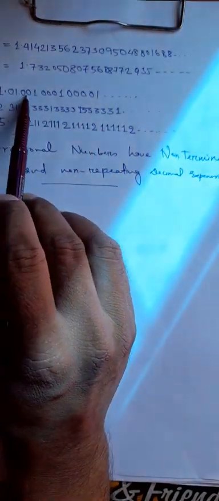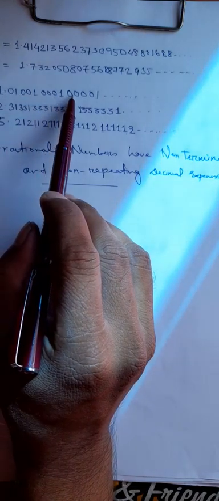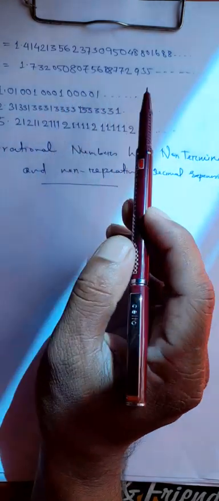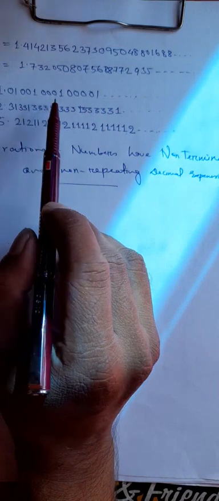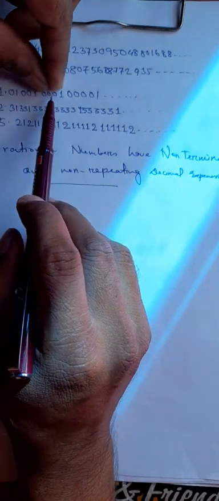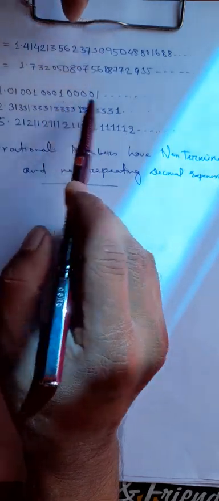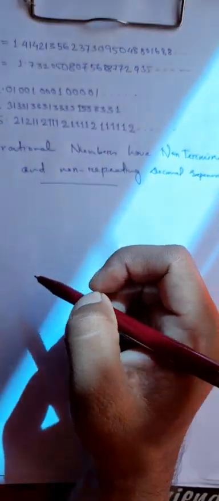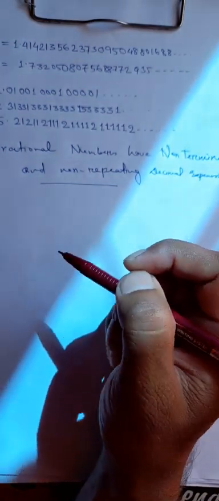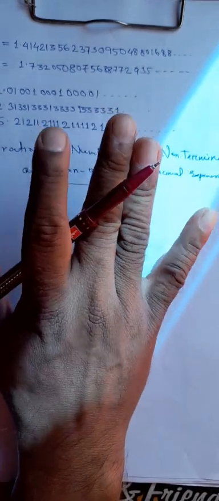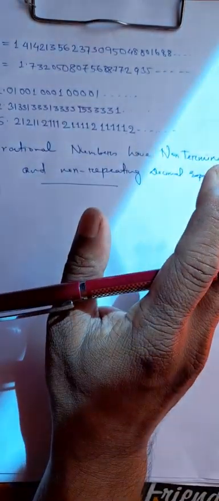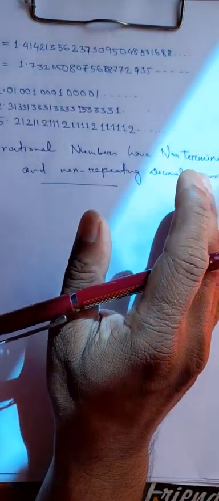Here also the number of zeros is increasing, it is not repeating. We say repeating only if in every step we find 3 zeros, but here the number of zeros is increasing in every step. So this type of decimal expansion is called non-terminating, non-repeating decimal, and irrational numbers are said to have non-terminating and non-repeating decimal expansion.